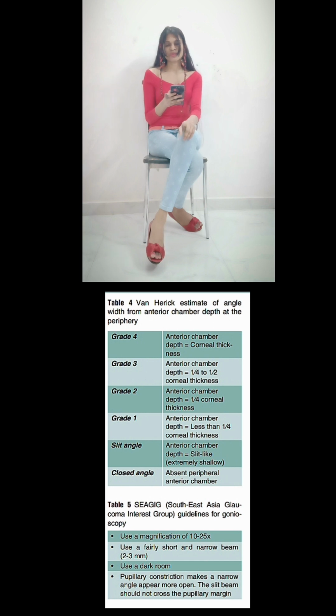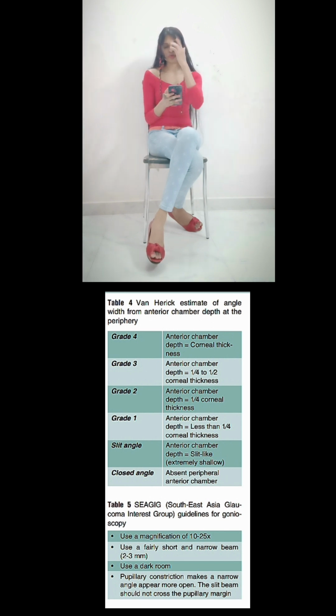Grade 2, anterior chamber depth equals 1/4 of the corneal thickness. Grade 1 is anterior chamber depth less than 1/4 of the corneal thickness. Slit angle means anterior chamber depth is slit-like. Closed angle, absent peripheral anterior chamber.